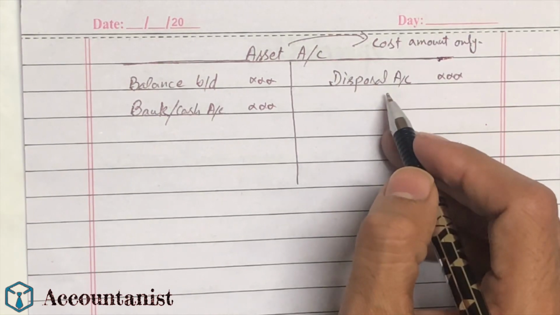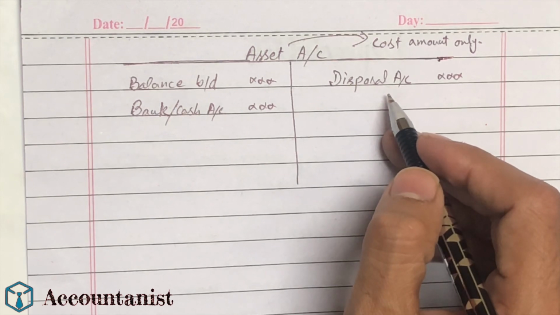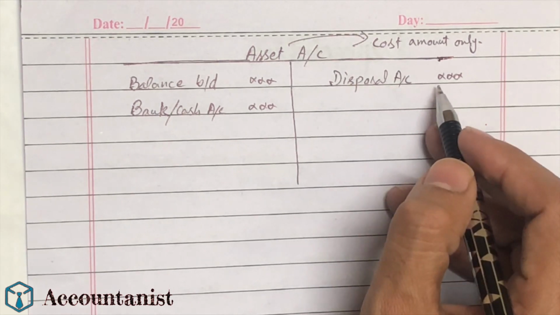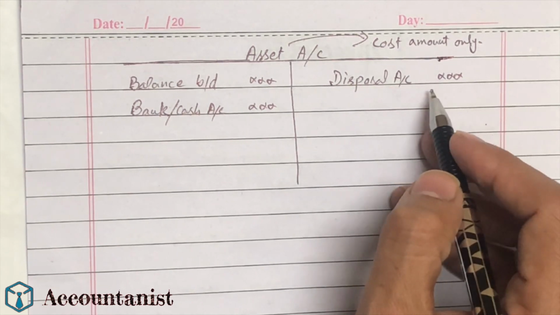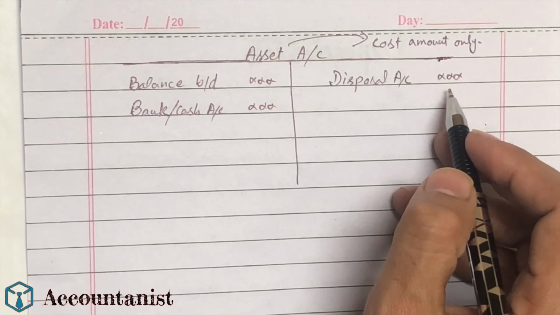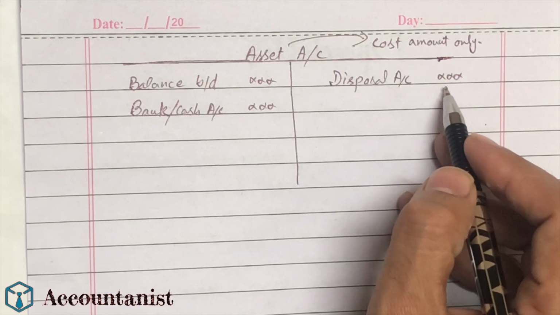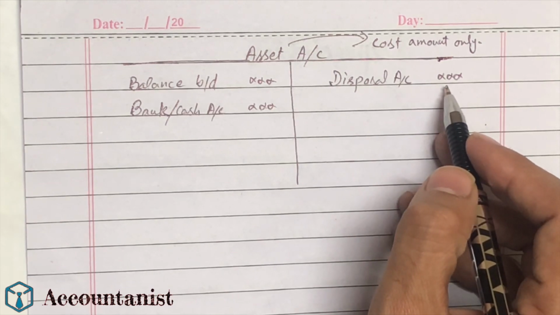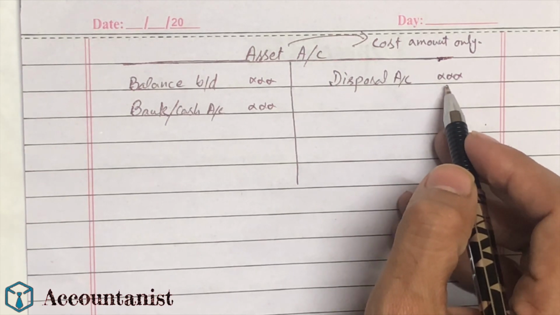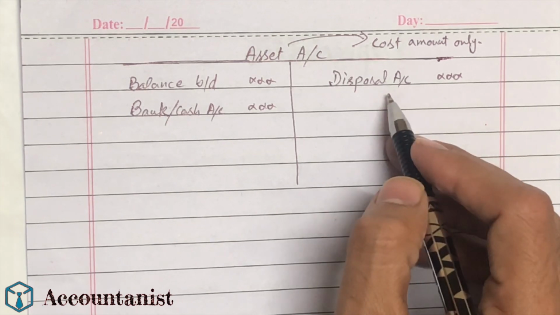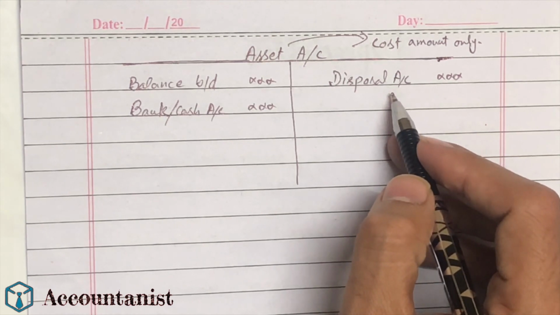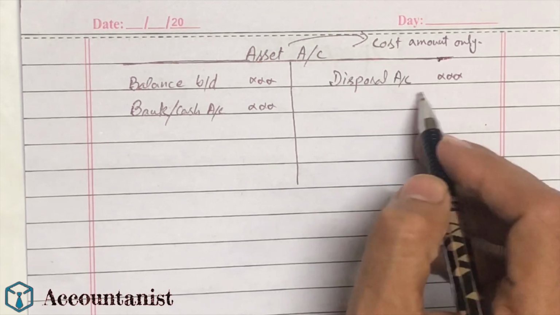Most students make a mistake here. They write down the amount at which we sold the asset. So remember, we will not record the amount we sold for. Instead, we'll write down the amount we purchased this asset for, meaning 2 years before or 3 years before, how much we purchased it for.